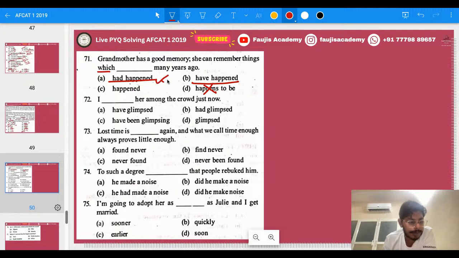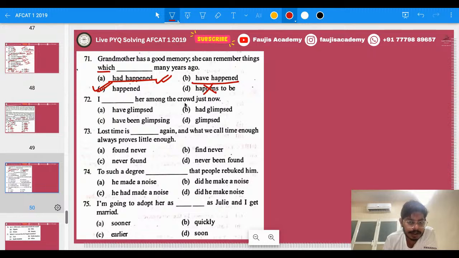Which had happened is a close one. But then grandmother has a good memory. She can remember things which happened many years ago. This one, C, brings much more fluidity than any other options over here.